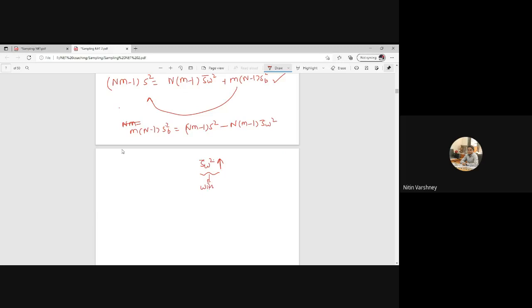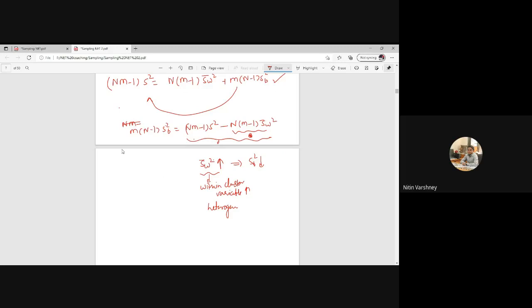Within cluster variability is increasing. That means we are increasing heterogeneity within clusters, isn't it? So SB square will decrease, because if this value increases, automatically this difference will reduce. So this difference will reduce, it means this will increase.